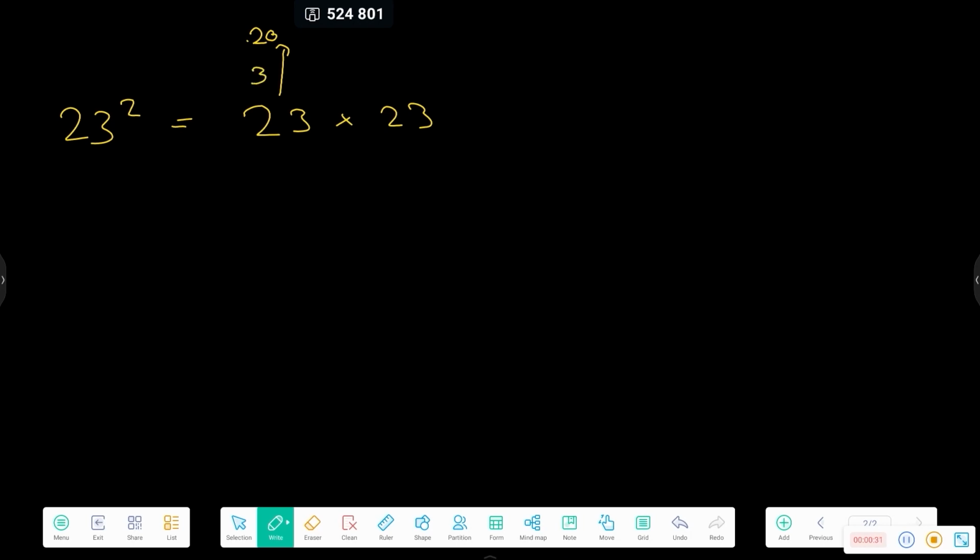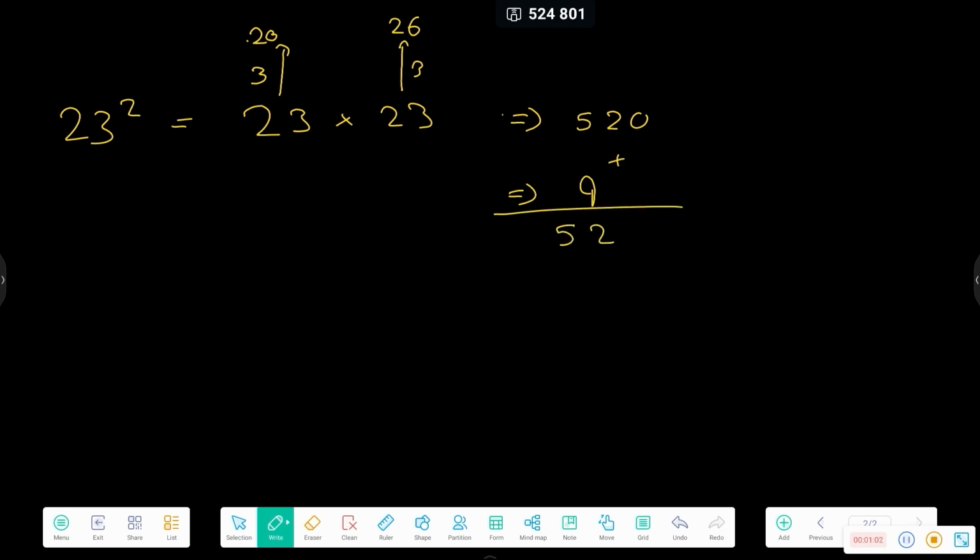And let's add 3 on the other side, making it a 26. We'll multiply both 20 and 26, which is 26 twos are 52, making it 520. And 3 threes are 9. We'll add them to get 529, which is the square of 23.